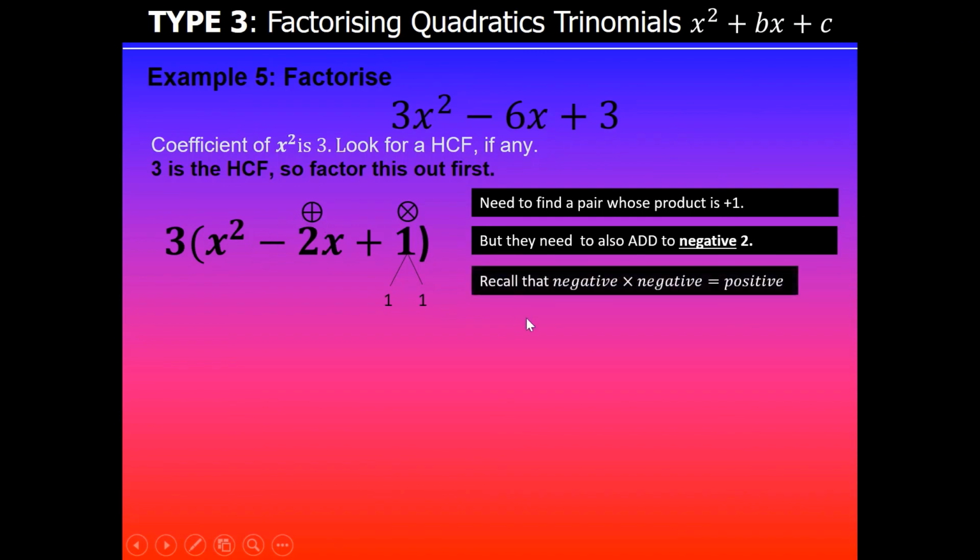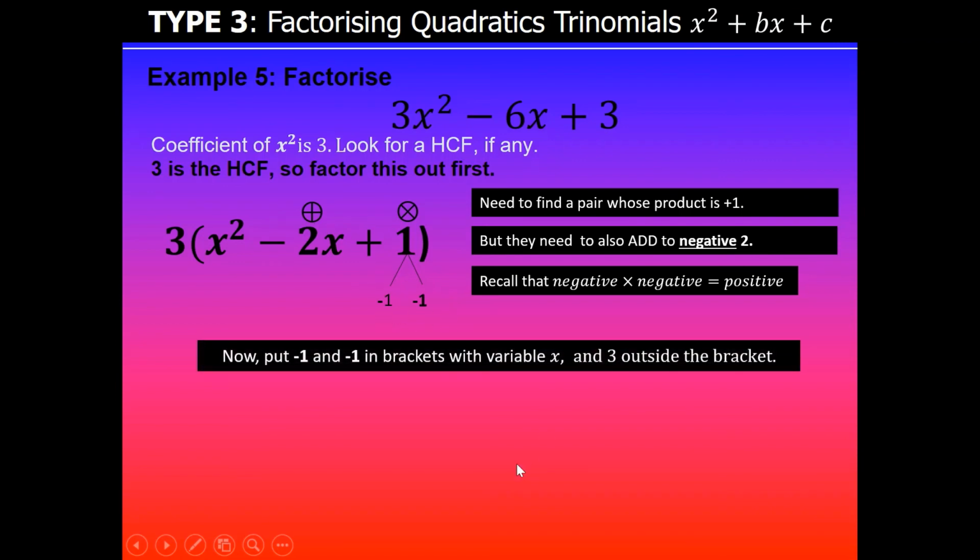So you would have guessed it, we know that negative times negative is positive, so I can clearly change these factors to negative numbers. Now once I change those to negative numbers, then if I'm adding negative 1 plus negative 1, I will be able to get negative 2 back. So that means these are my factors. So now I will put minus 1 and minus 1 in the brackets with variable x, and also I will leave 3 outside the bracket because that's part of the solution.